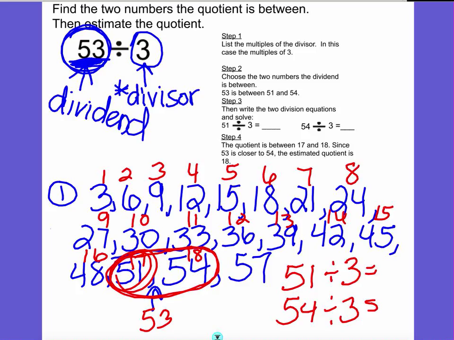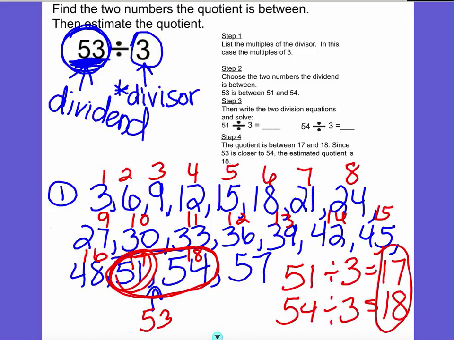So 51 divided by 3 is 17 and 54 divided by 3 is 18. Now my quotient is between 17 and 18 because those are my answers here. So the quotient is between 17 and 18.